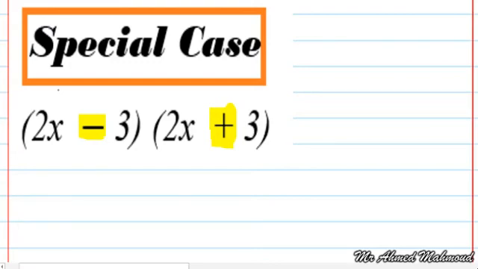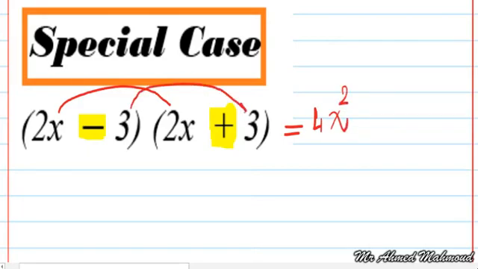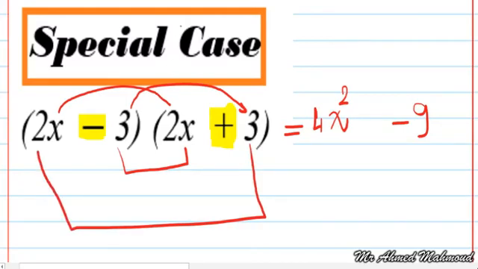In this case, I'm going to multiply the first by the first, 2x by 2x, which equals 4x to the power of 2, and negative 3 multiplied by positive 3, which equals negative 9. In the middle term, I'm going to multiply the means together and the extremes together.